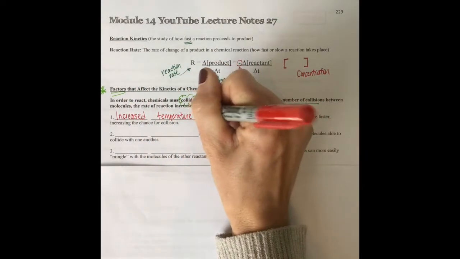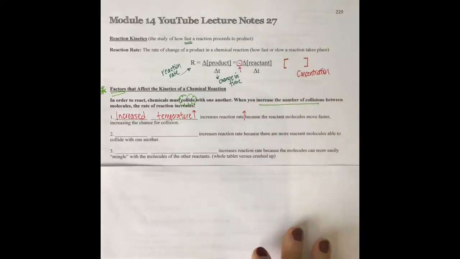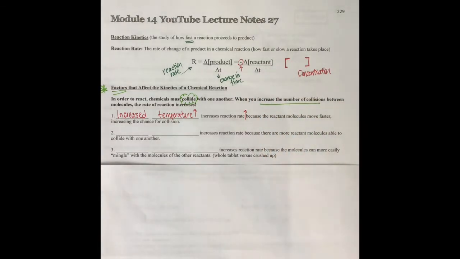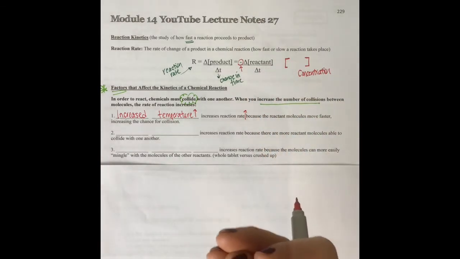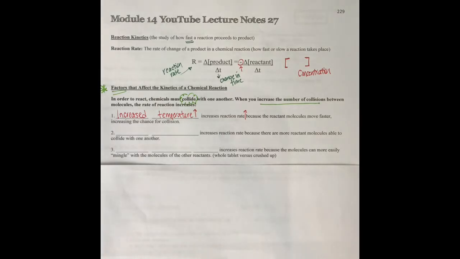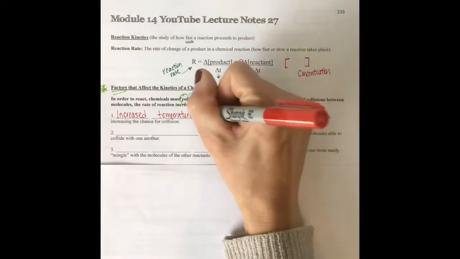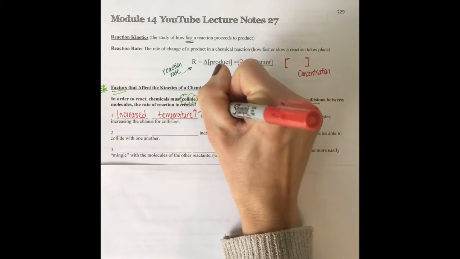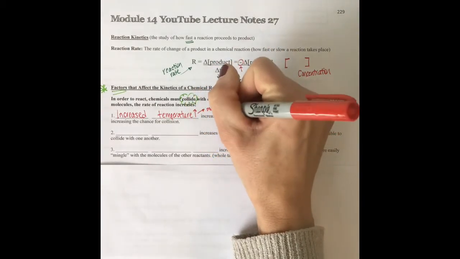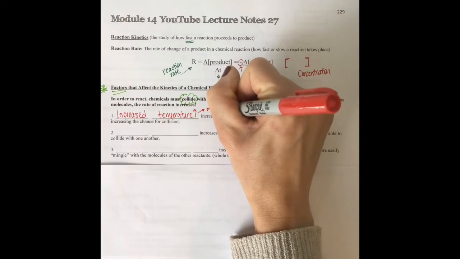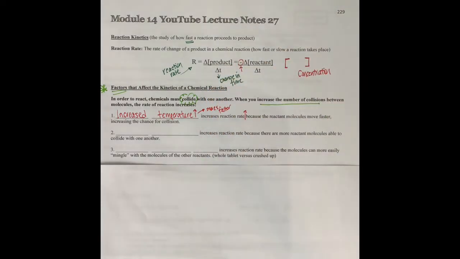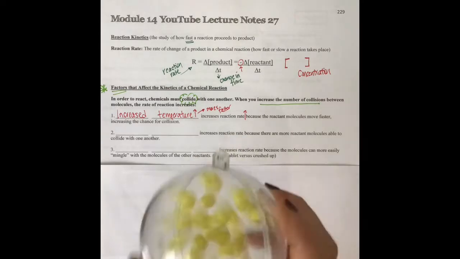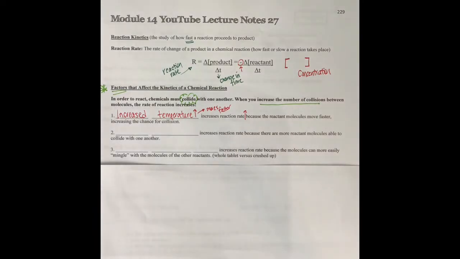So as temperature goes up, reaction rate goes up, because the molecules are moving faster and they're going to hit each other more often. You can even write a note here that increased temperature means that they're moving faster. And just keep that visual in your mind. Increased temperature, increased reaction rate.